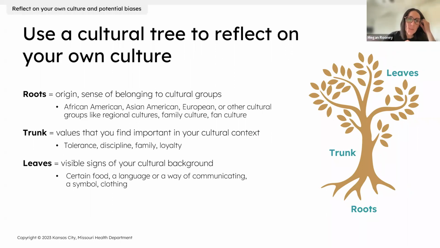And then the leaves at the top are the visual signs: the language you use, the clothing you wear, symbols, just how you go about your daily life. So we can think of culture in these three different levels, and it's going to be different for everyone. It's just a nice framework for reflecting on your own culture.